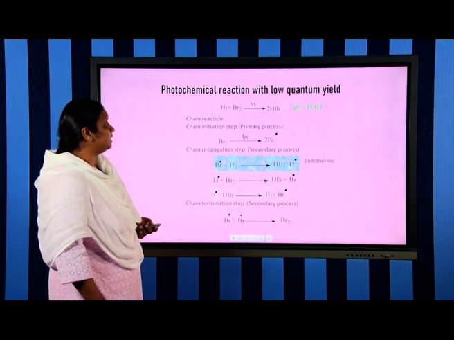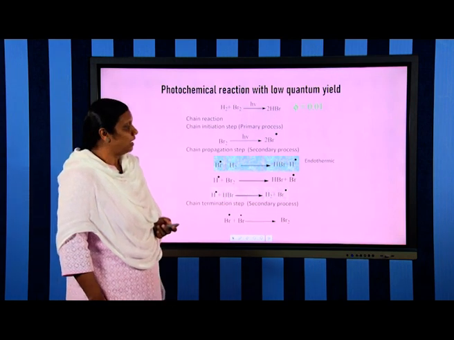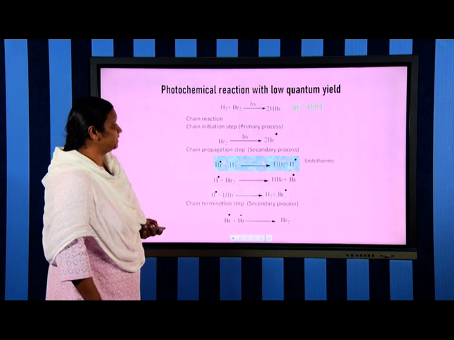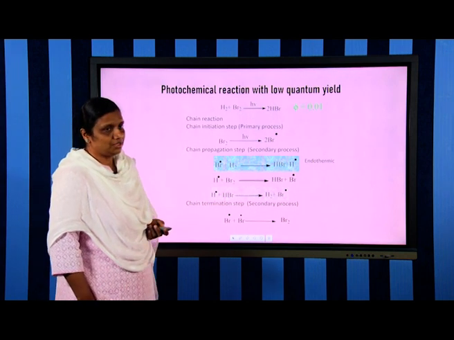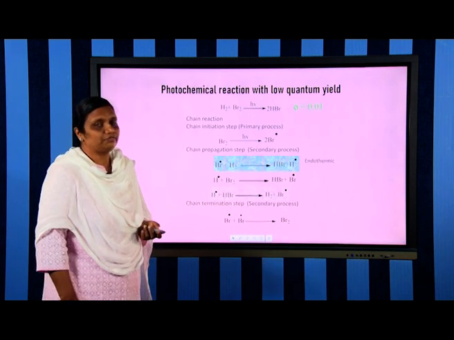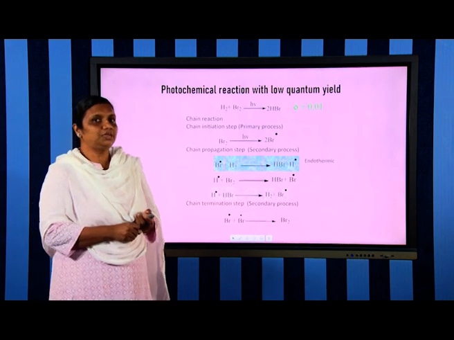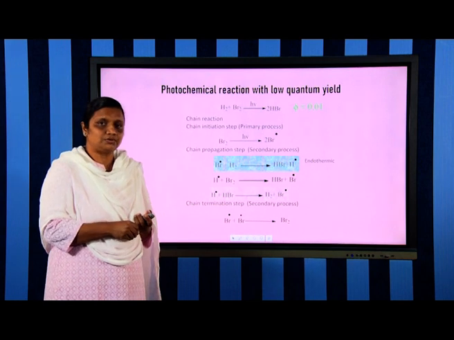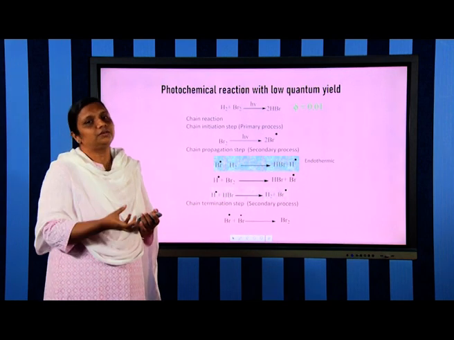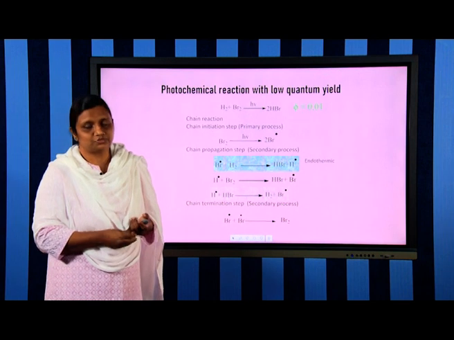Now, why is the quantum yield low here? Now, look at the first chain propagation step, which is endothermic. So, in the earlier case, when we were discussing the reasons for high quantum yield, one of the reasons we said was that thermal energy is being transferred to the rest of the molecules.